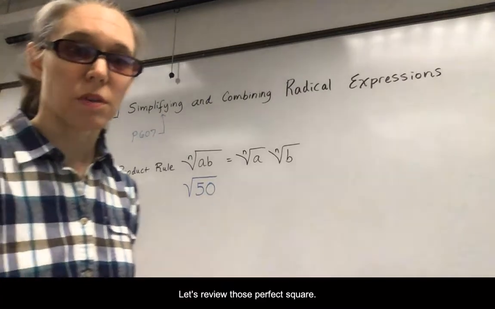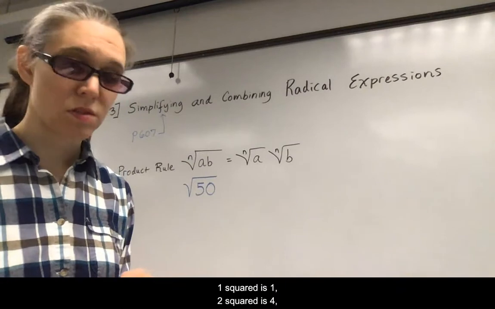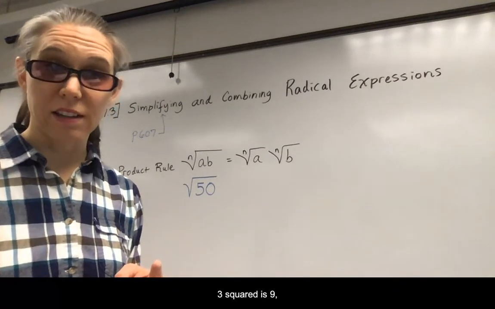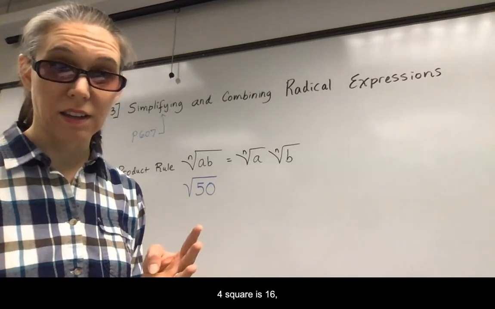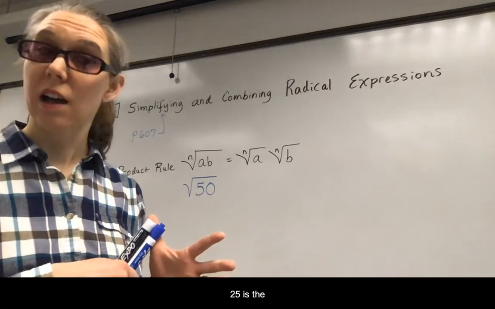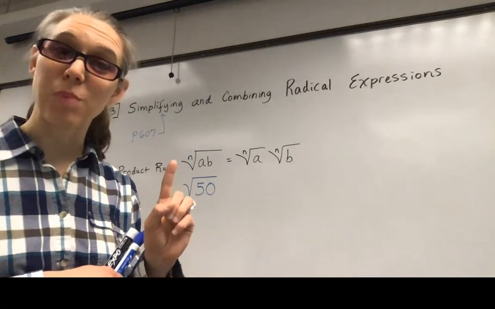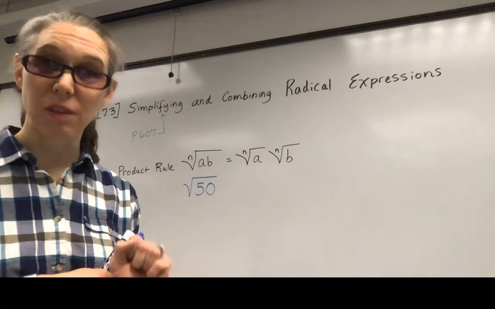Now let's review those perfect squares. We have 1 squared is 1, 2 squared is 4, 3 squared is 9, 4 squared is 16, 5 squared is 25. 25 is the biggest perfect square that divides into 50.